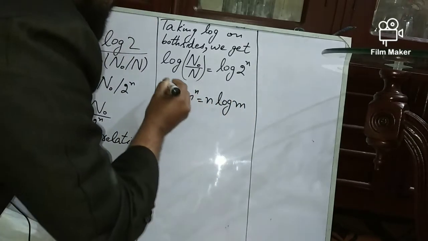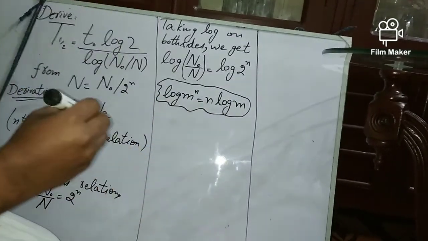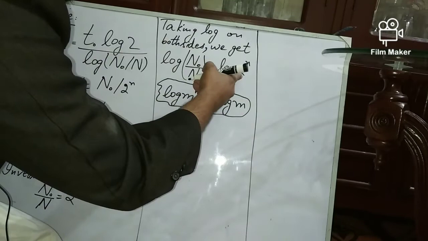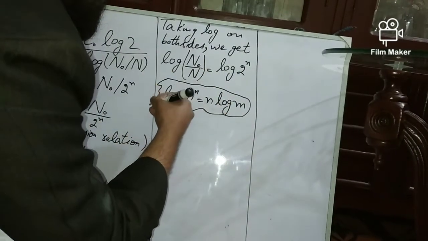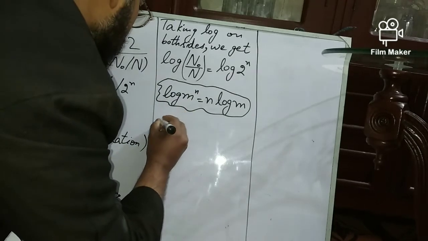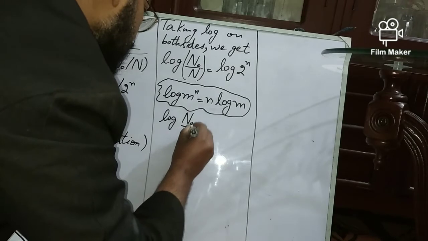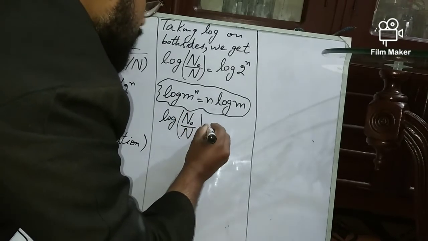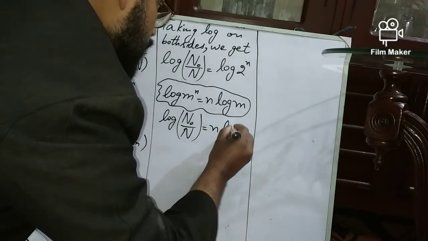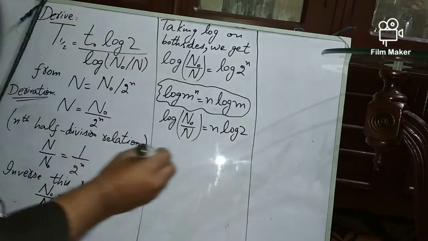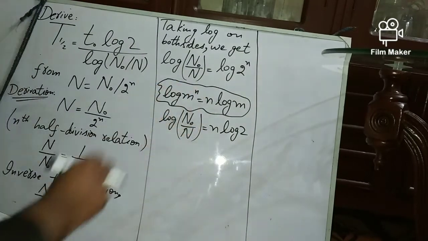This law is applied in this equation on the right side. The left side remains the same. So log N naught over N is equal to n log 2 after applying this log law.